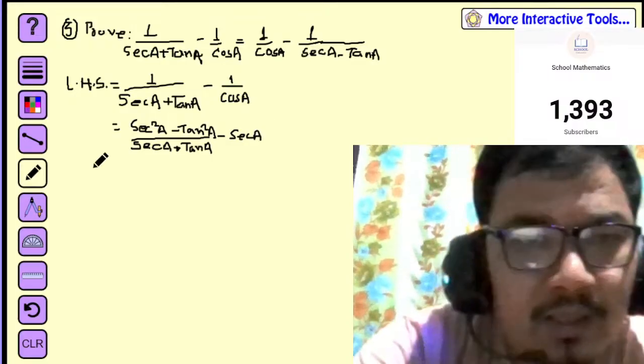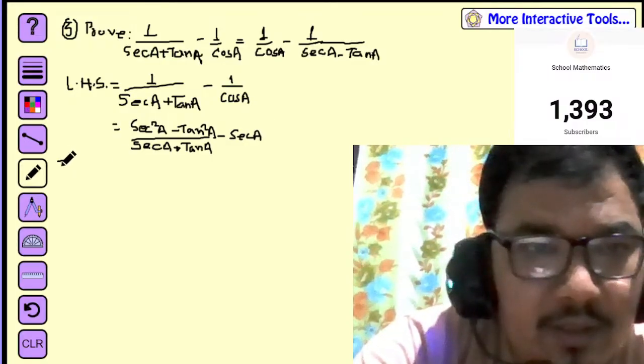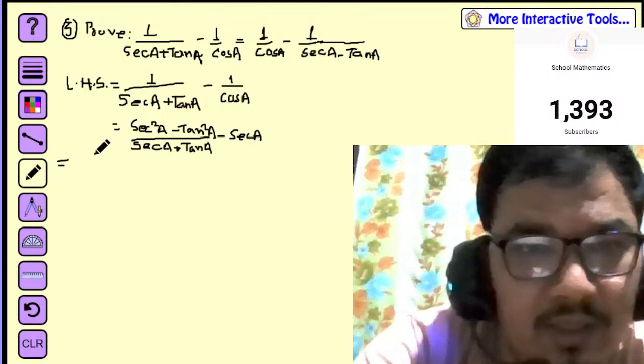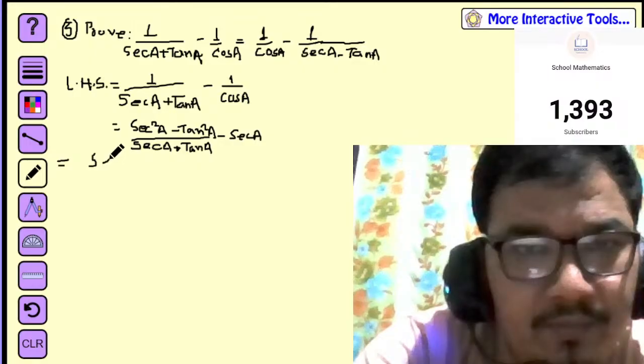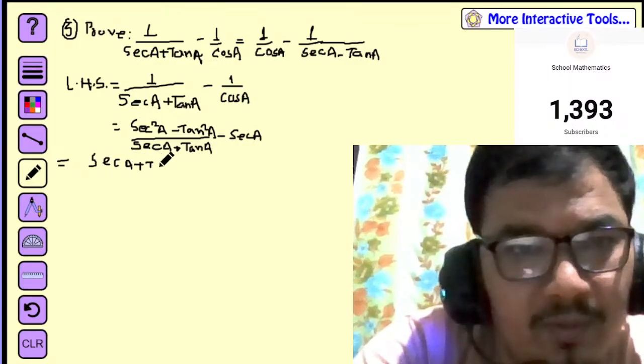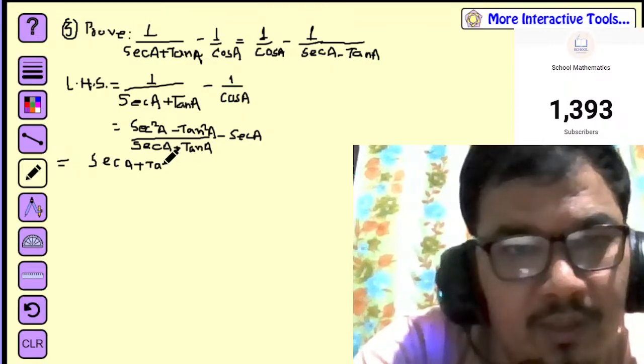Then in the next step, we know this is the a square minus b square formula, so write this here like this. Look here, it is sec a plus tan a, that is a plus b, and then another one is a minus b, sec a minus tan a. Write this.